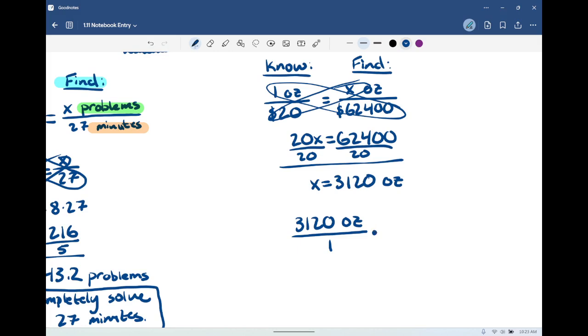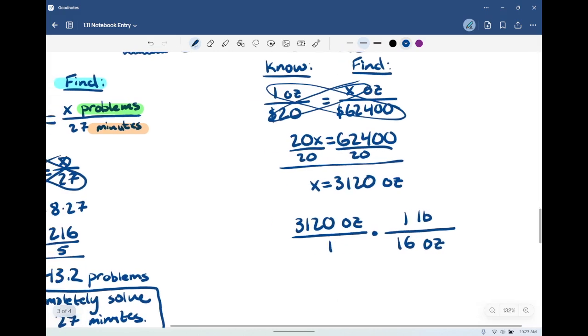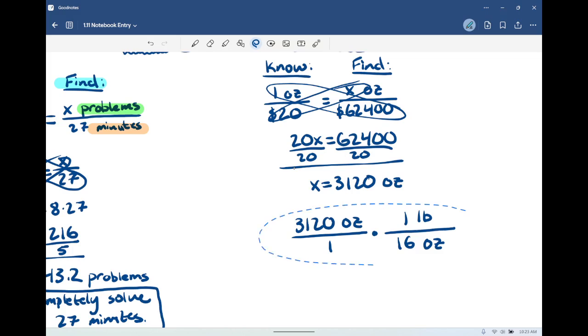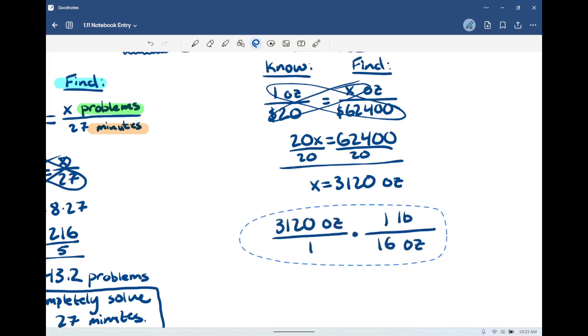This is going to be multiplied by 1 pound per 16 ounces. Now, the reason that this gets set up like this is so that our ounces end up canceling and my units turn to pounds.